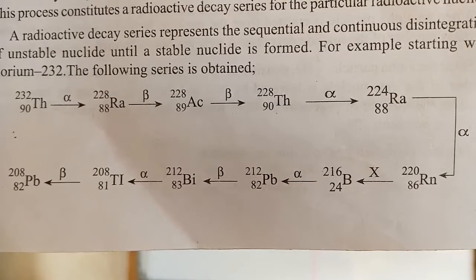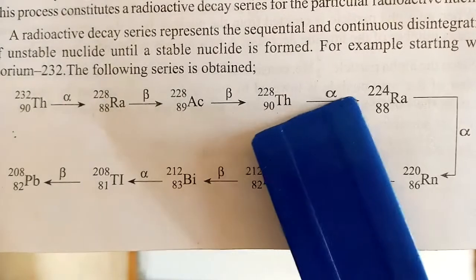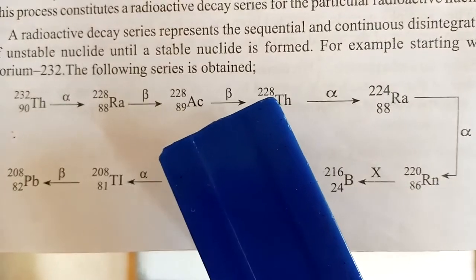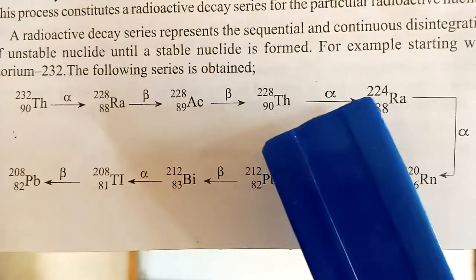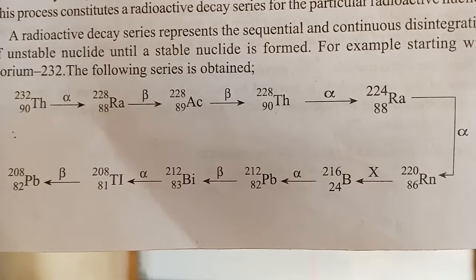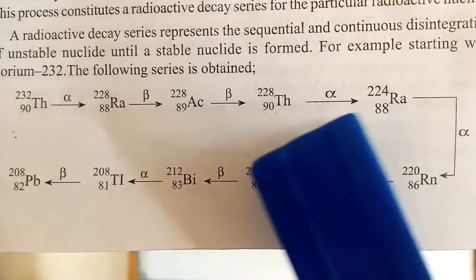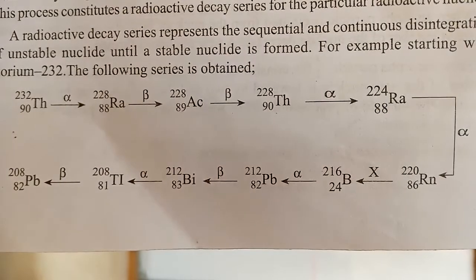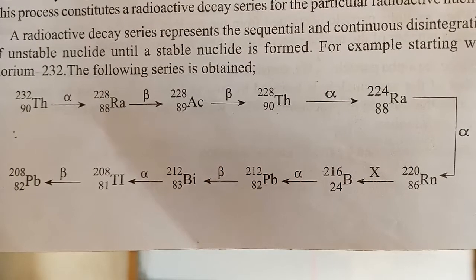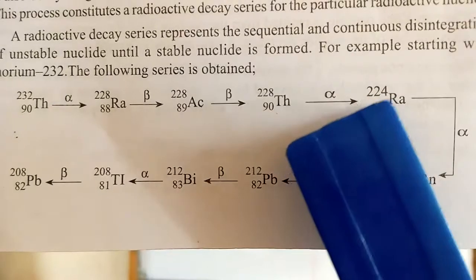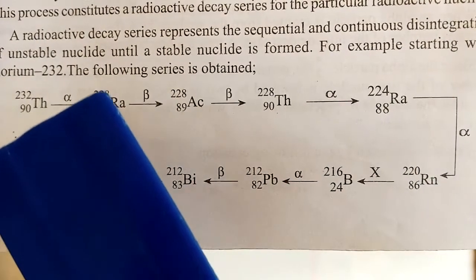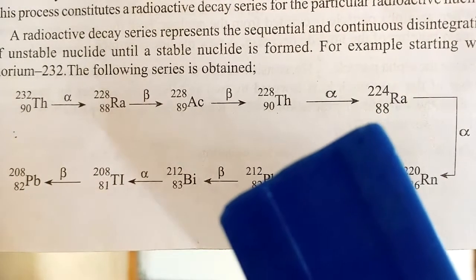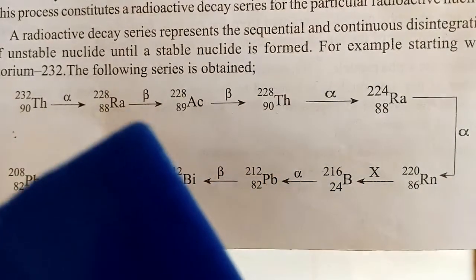And then thorium emits an alpha particle, and the effect is that the mass number reduces by 4, from 228 to 224, and the atomic number by 2, from 90 to 88, forming radium again. Now this is another isotope of radium, because radium is 224 but the other radium was 228. The atomic number is the same, 88, but the mass number is different. So it's another isotope of radium.